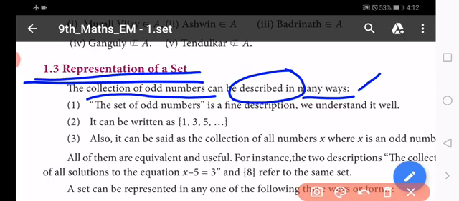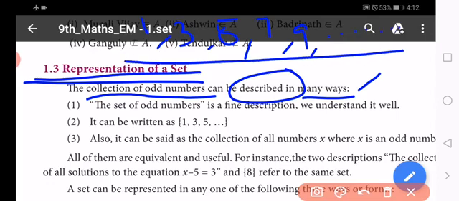The example is the collection of odd numbers. So you know very well what the odd numbers are. So 1, 3, 5, 7, 9 and so on. These are the collection of odd numbers. This collection of odd numbers is described in three ways.